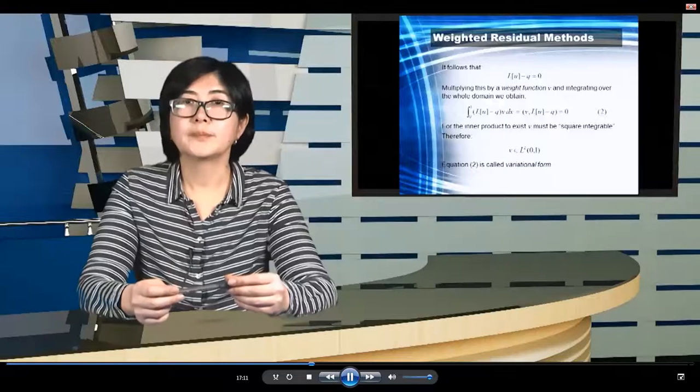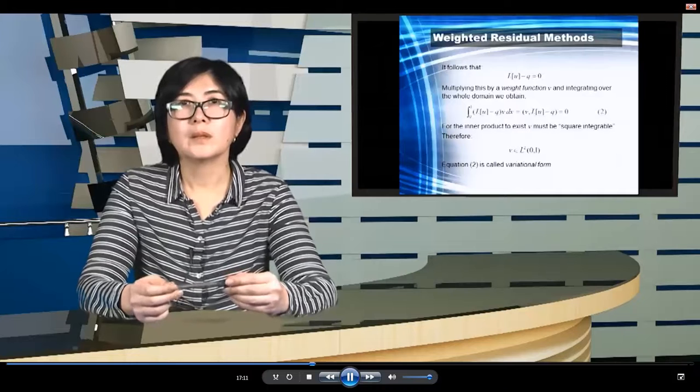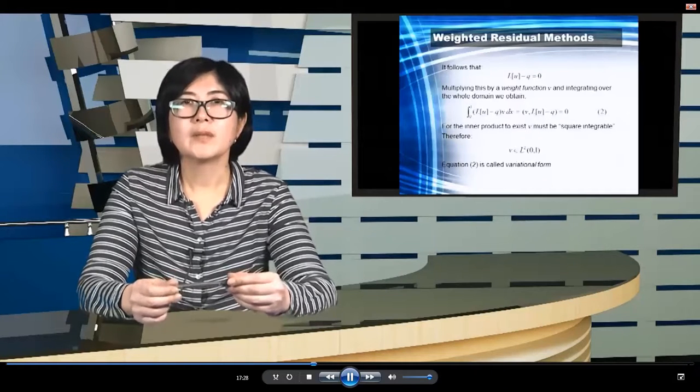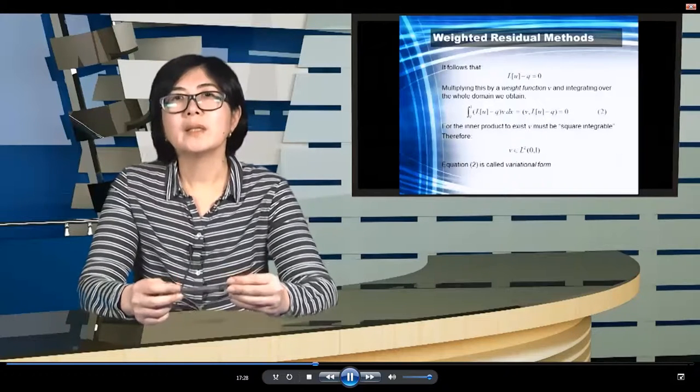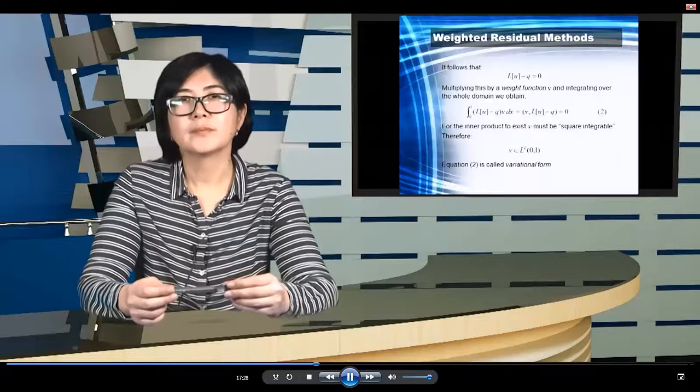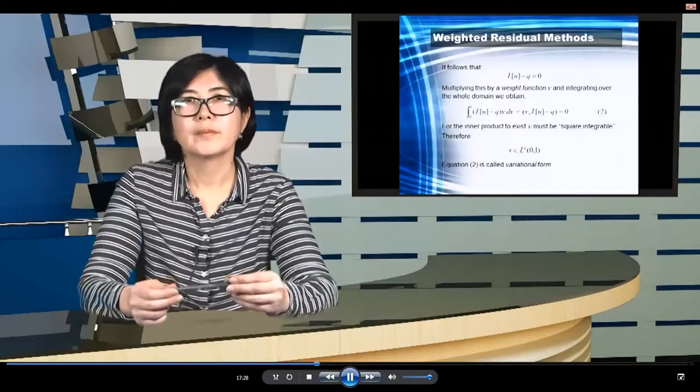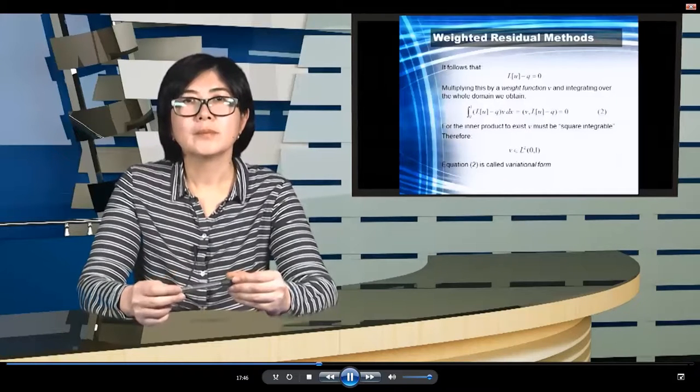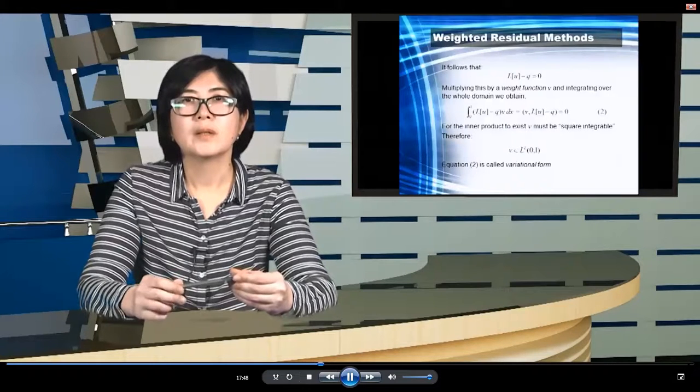It follows that, multiplying equation 1 by a weight function v and integrating over the whole domain, we obtain the next equations. For the inner product to exist, the functions must be square integrable. Therefore, the second equation is called the variational form.